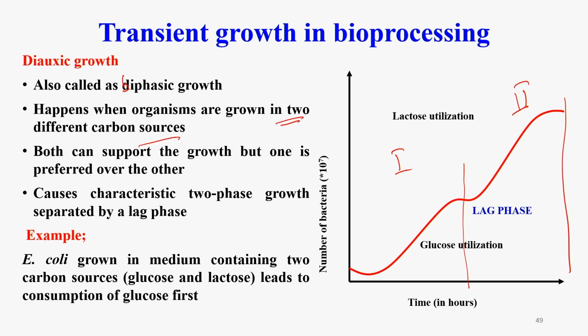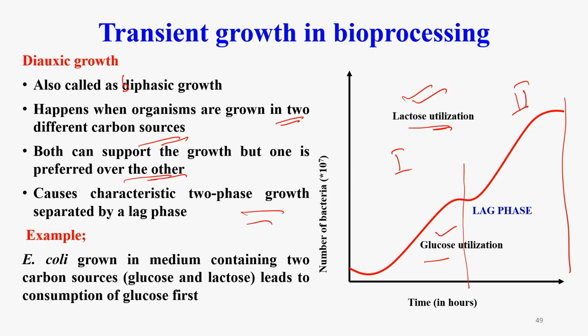When there are two different carbon sources, typically the microbe prefers one over the other. Let us say here there is glucose and lactose. So, here glucose is preferred first, followed by lactose. Initially the preferred one, glucose, is utilized, it is exhausted, then there will be utilization of lactose in this phase.